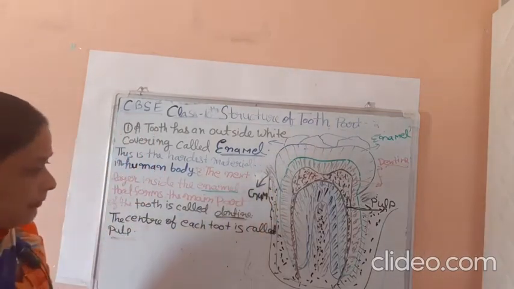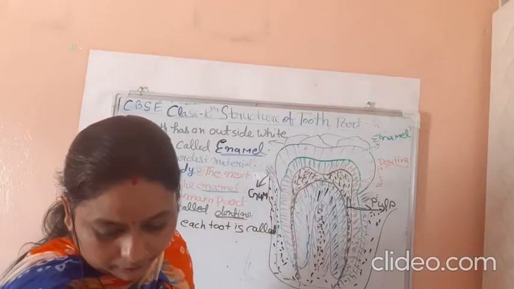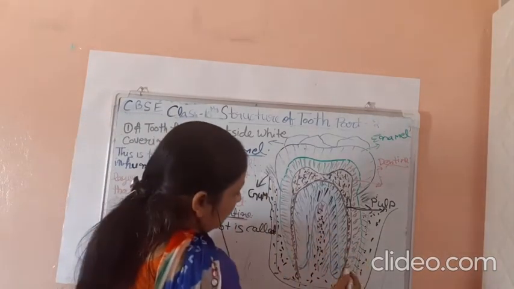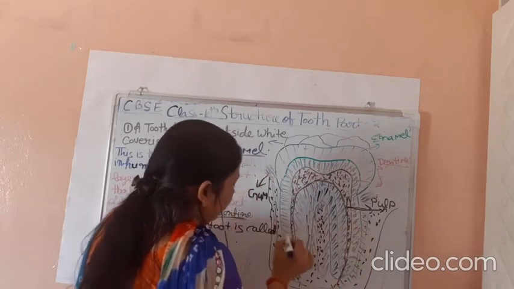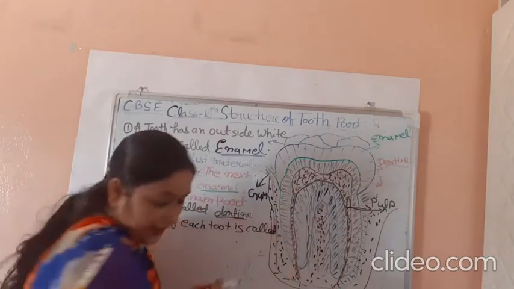This is the pulp, and here these are the blood vessels. Here we have to write blood vessels and nerves.